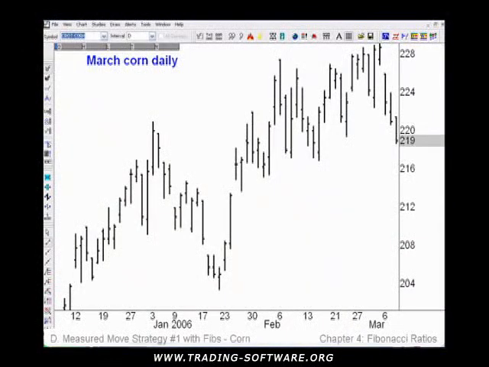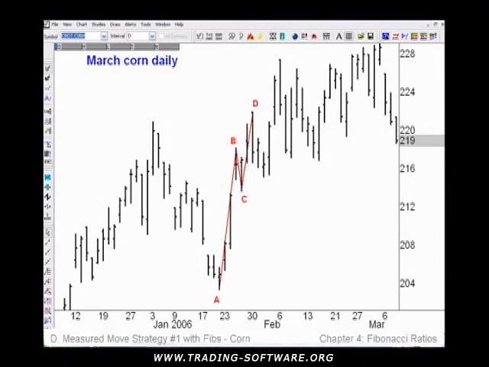Let's take a look at the March corn daily chart again. Here we see a measured move which we'll call ABCD. This formation again has met all of the requirements of a very good strategy number 1 setup: A lower than previous lows, BC retracement shallow against AB, and the CD move not bigger than AB.